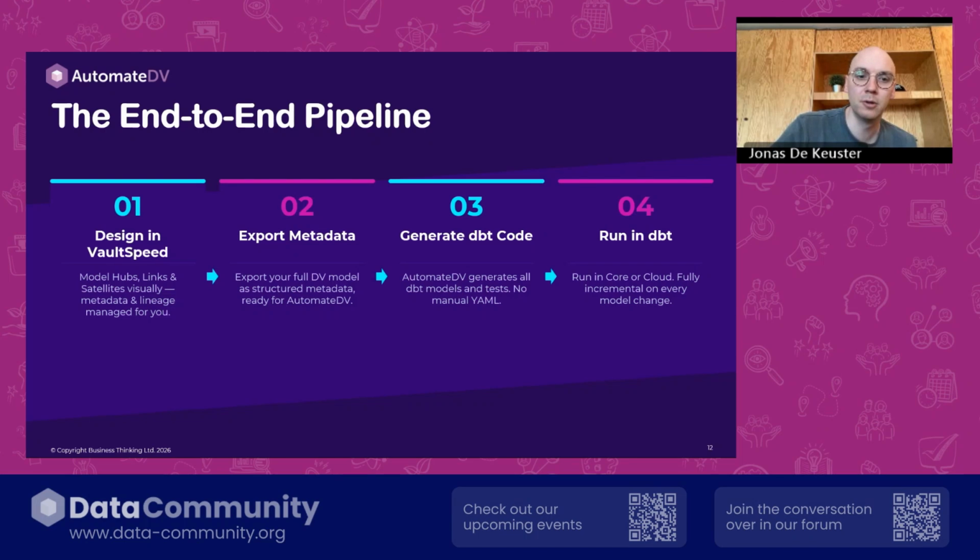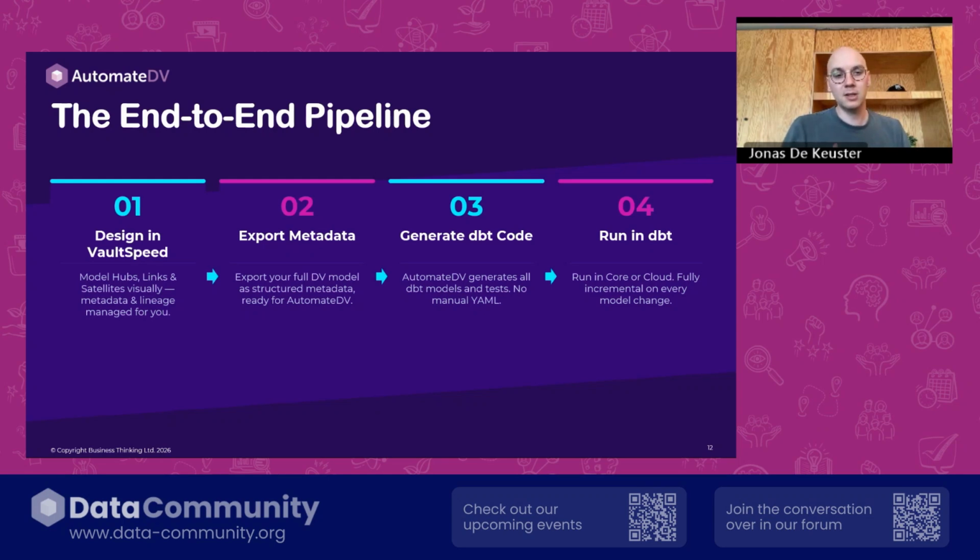So that's what you do in VaultSpeed. Then VaultSpeed has an API or an SDK available that allows you to export all the metadata, so everything that is needed, the full end-to-end lineage, the way the data vault is built and conceived, and the way the hubs, links, and satellites are modeled.